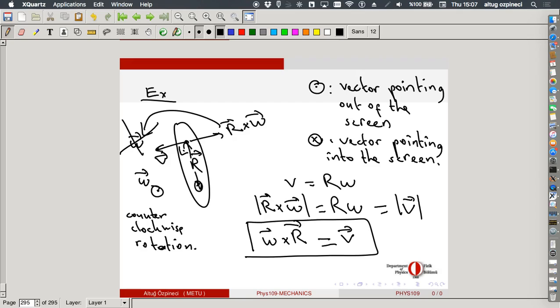So in vector form, we can write the velocity vector of a point on a rigid body in terms of the angular velocity vector. Now, any questions on this one?